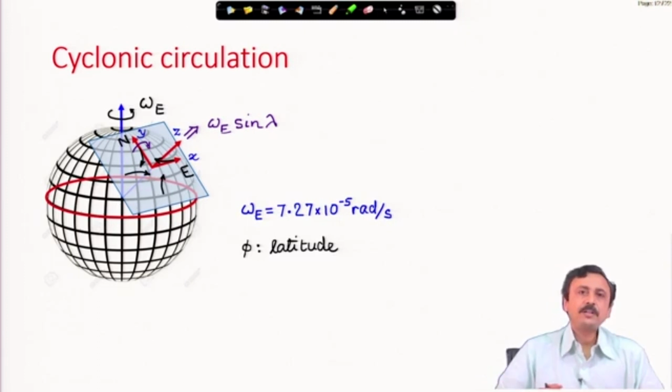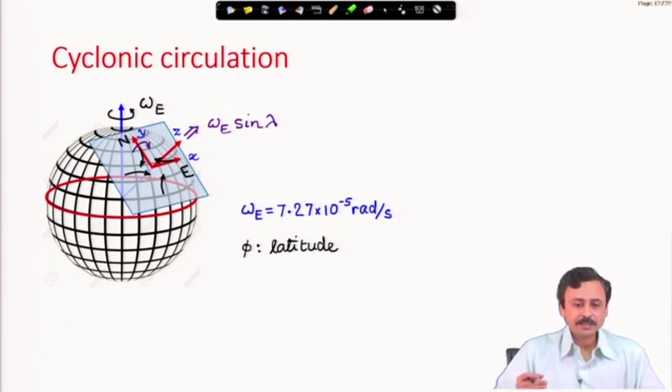Therefore, air from the surrounding regions rushes in towards that low pressure center, and once they rush in, it is the same as our cylinder being projected radially inwards on the rotating disc. Why rotating disc? Because here also the plane is rotating and its angular speed is omega e sin phi.